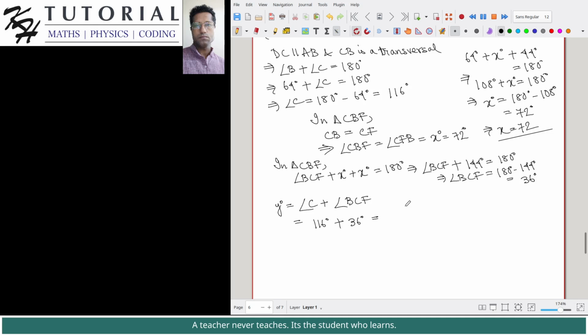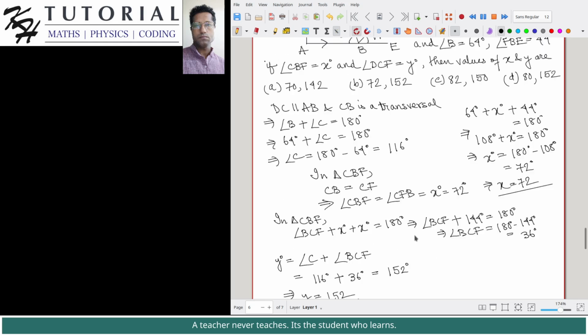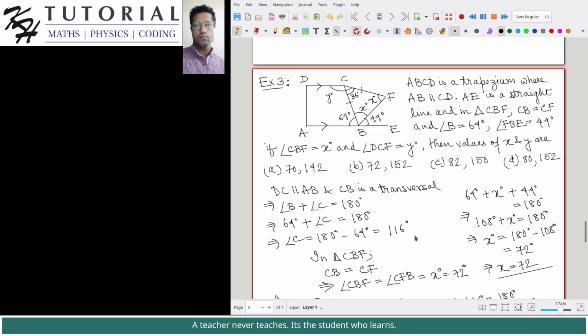So this is equal to 152 degrees. So y is equal to 152. We have found x to be 72 and y to be 152. So the answer should be 72, 152, and the correct choice is B.